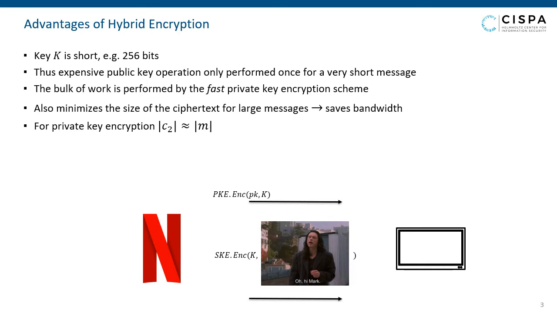And the way this can be done is that Netflix first sends you a key K encrypted under your public key, and then streams the movie encrypted using this key K. So that's kind of the setting we like to think about when we talk about hybrid encryption. We want to think that the actual message we want to send is a large amount of data, such as a movie that we want to stream.